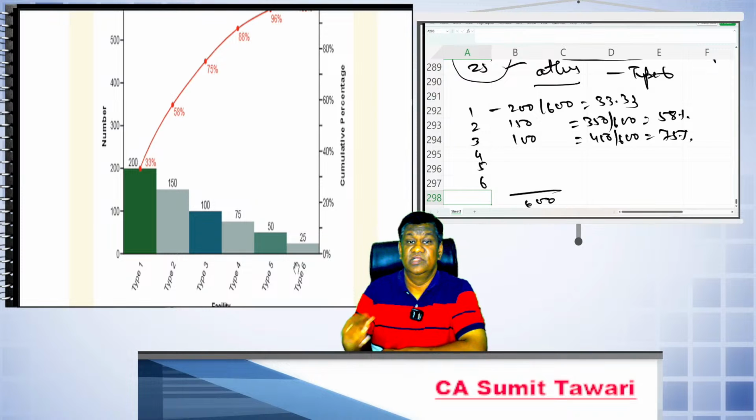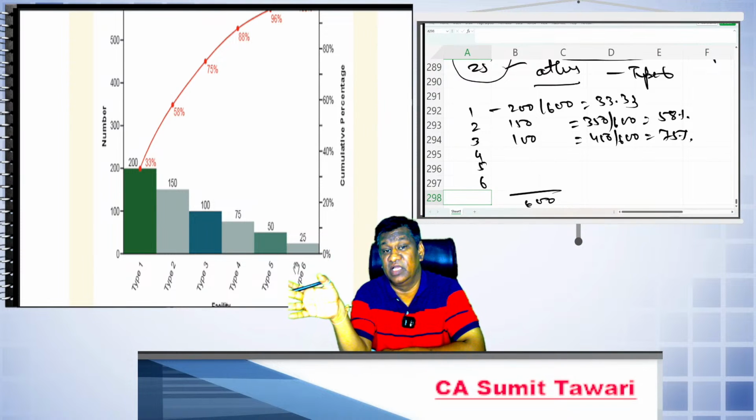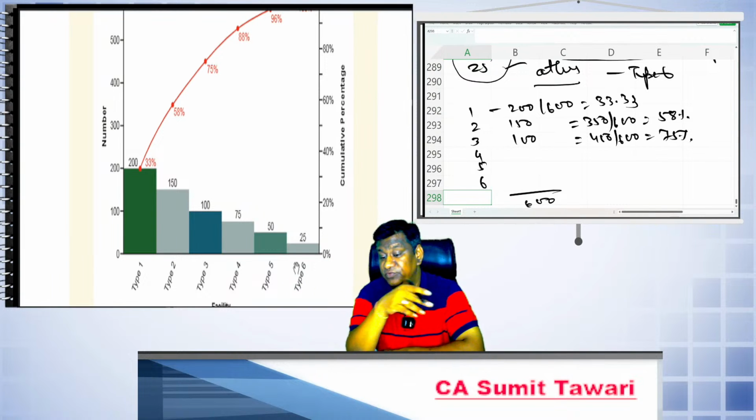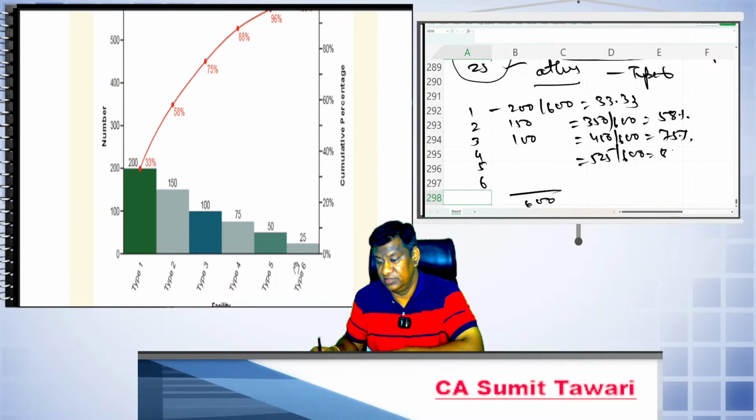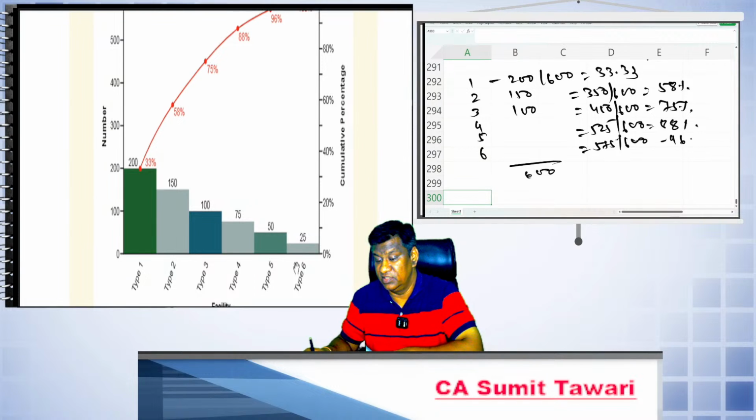Then you add 75, so it is 525 out of 600, which is 88%. Then add 50, so it is 575 divided by 600, which is 96%, and then it is 600 and 600.